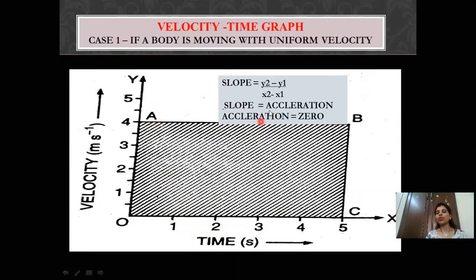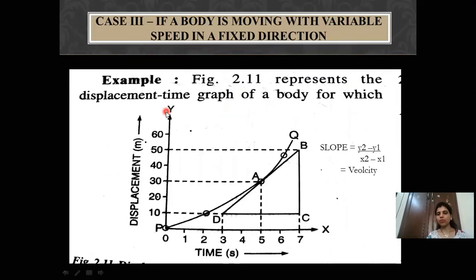So when you take the slope, because we have seen in the last slide that displacement time graph, if we find the slope we get the value for velocity, because y2 minus y1 is the value for displacement. In the last graph I'm talking about, y2 minus y1 is the value for displacement and x2 minus x1 is the value for time.